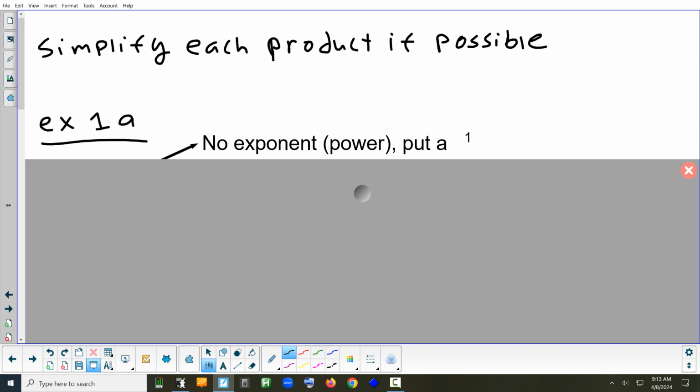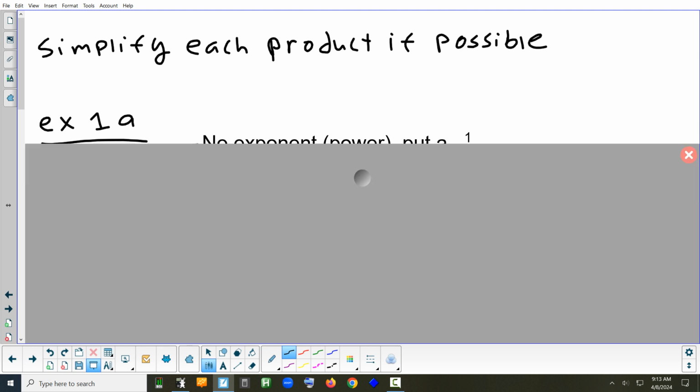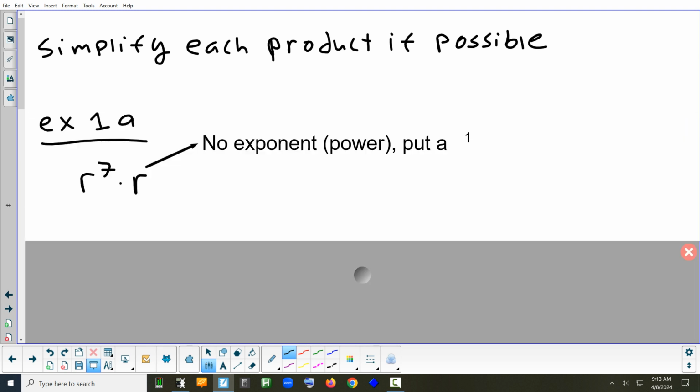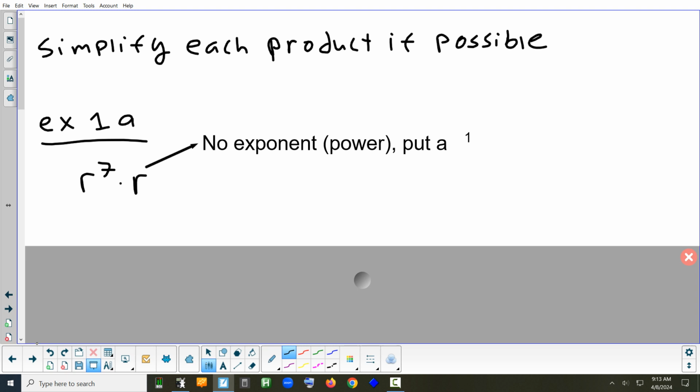All right, so let's try 1a. Now, if you ever see something that doesn't have an exponent, you can always put a 1, if that helps you. If it confuses you because there's no exponent on that r, think of it like this. If something doesn't have an exponent, you can put a 1.